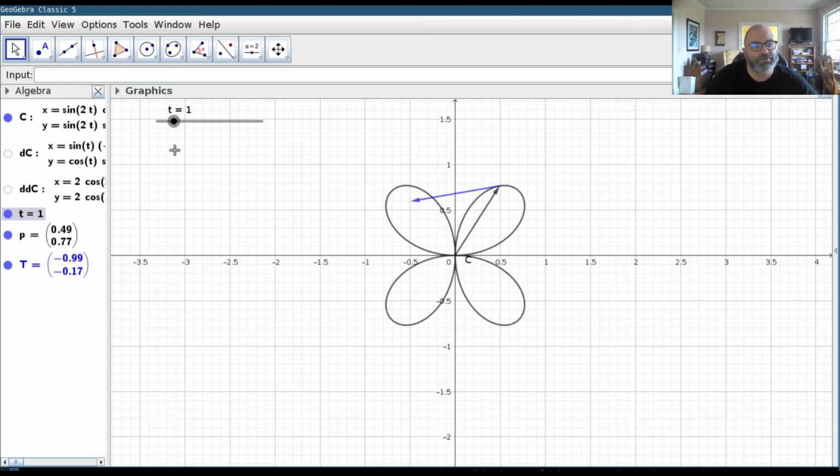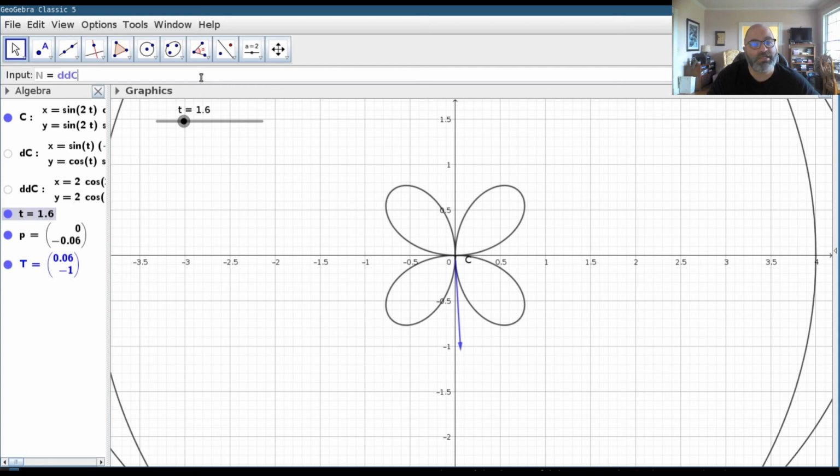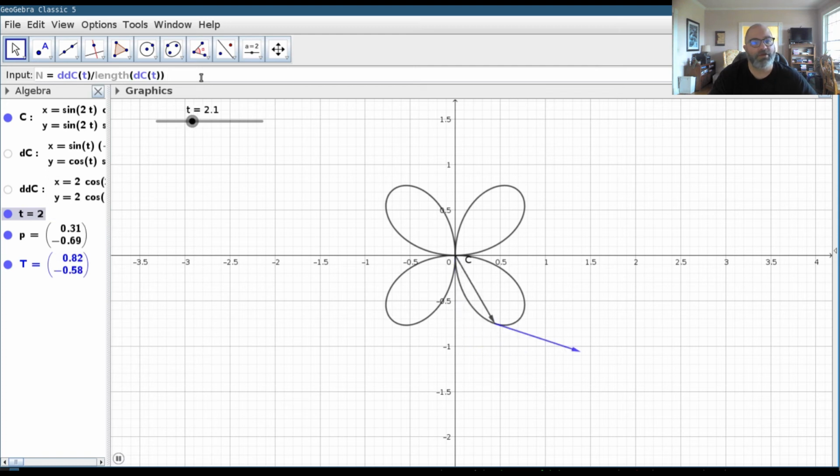This one was going to be our vector n, being this vector that was our second derivative, so d²c evaluated at our parameter t, divided by the length of our first derivative, so that's the length of dc, also evaluated at t. Okay, so that was our first component.